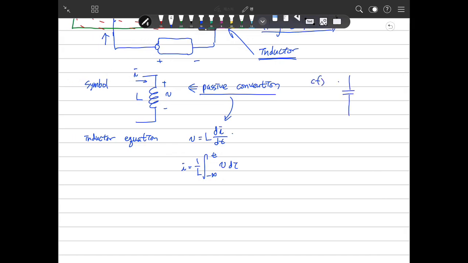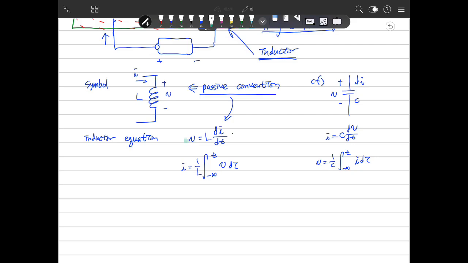In the case of the capacitor, this is V and C and i. Then what is the capacitor equation? i is C dV/dt. So V is 1 over C, integral from minus infinity to t of i d tau.